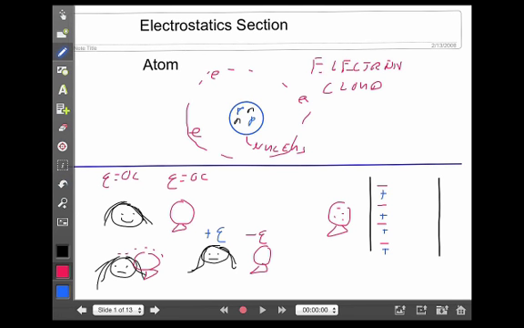So what happens is when the balloon is pressed against the wall with its negative charge, the negatives in the wall are repelled deeper into the wall, allowing the positive to come forward. And now we have opposite charges interacting, and that is enough to hold the balloon against the wall.